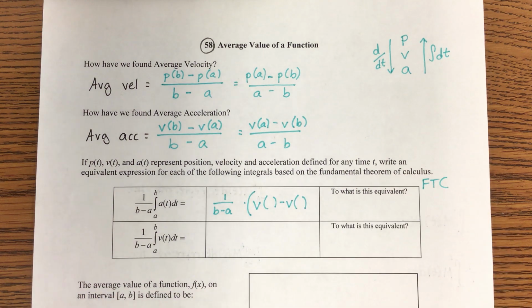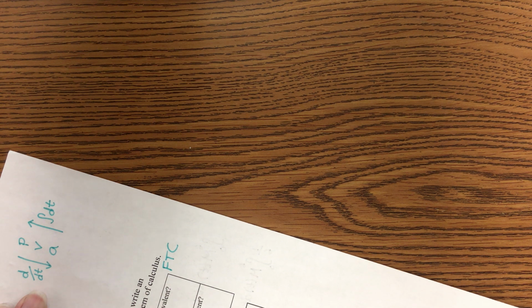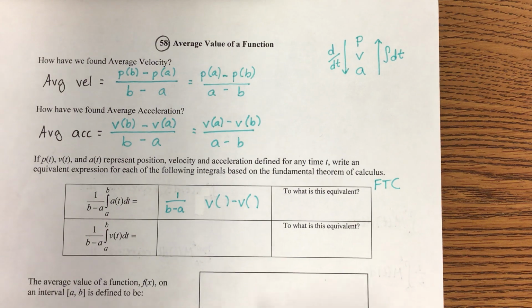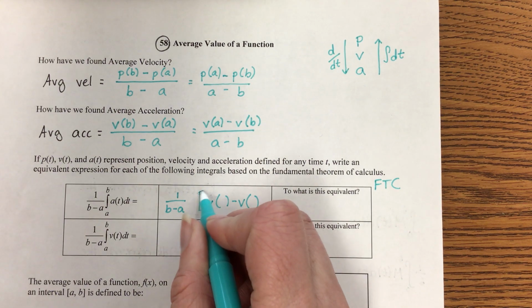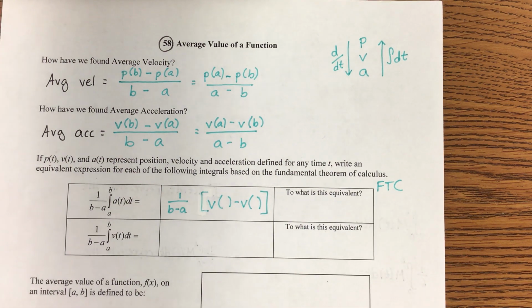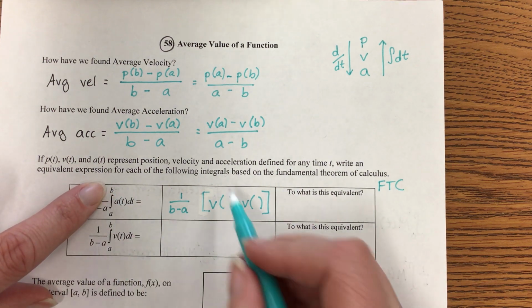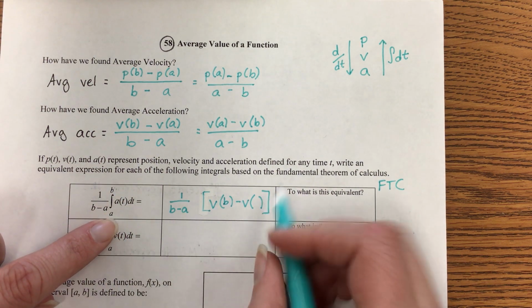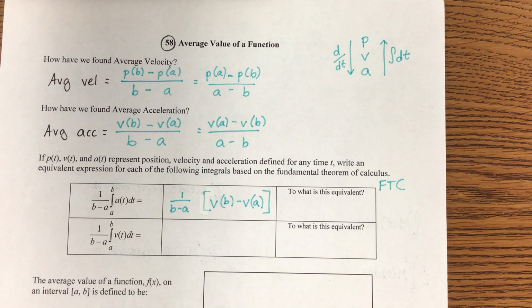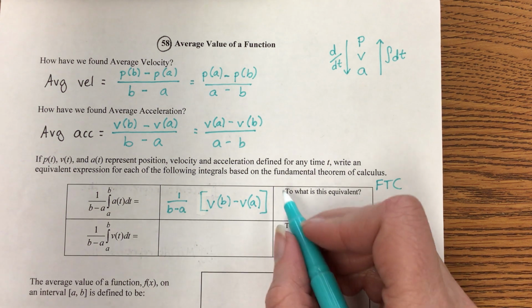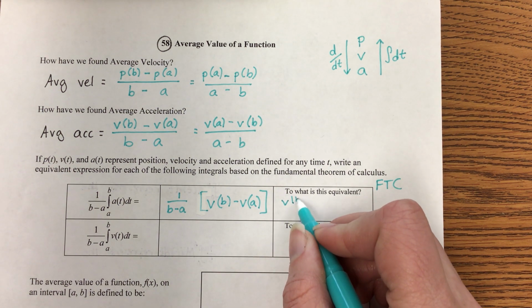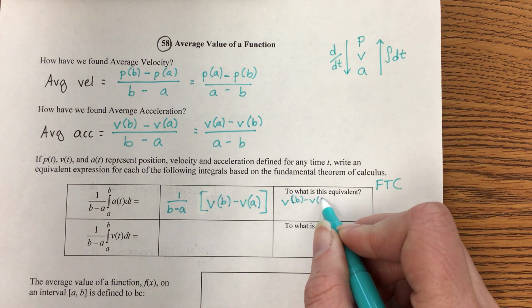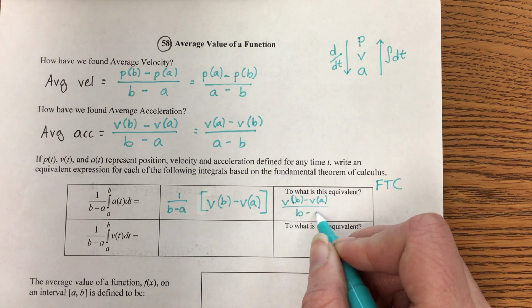I wish I had used a bracket instead of a parenthesis there, so I'll fix it. There we go. Bracket. Since B was on the top, B is going to be first. Since A was on the bottom, A is second. This is equivalent to V of B minus V of A all over B minus A.